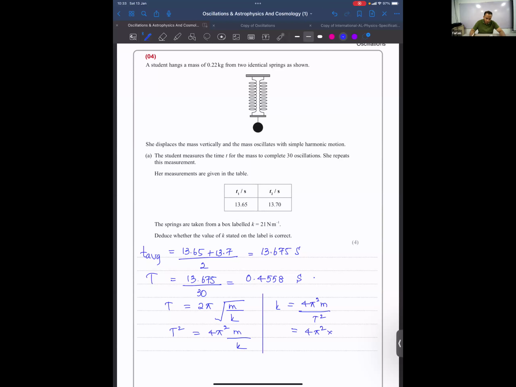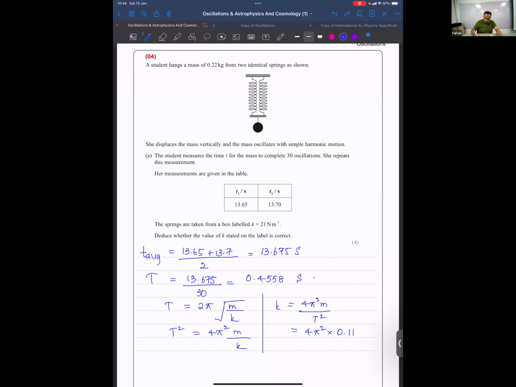What is the m you took? It has to be 0.11, right? Because the 0.22 is the mass undertaken by two springs, no? Yeah, that is also okay. Otherwise, if I use the equation T equals 2 pi root m over k for one spring, the m has to be the mass undertaken by one spring, which is half of 0.22.